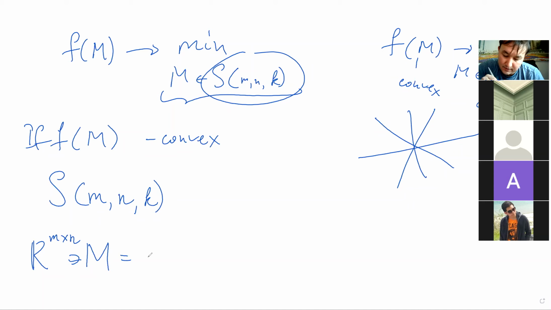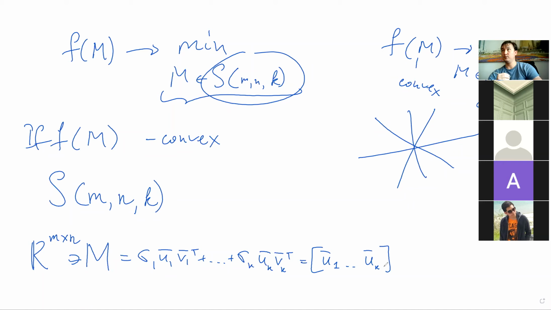You can put u1, ..., uk, roughly speaking the left singular vectors, and this will be a matrix that we denote as U. Then times a diagonal matrix with entries equal to sigma 1 through sigma k. And here we put the matrix v1 transposed, etc., vk transposed.